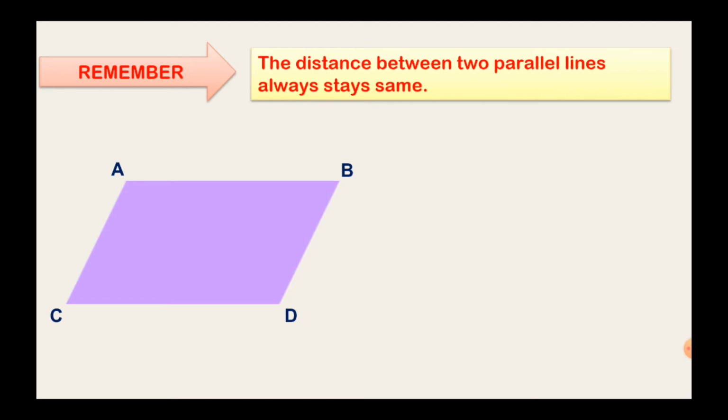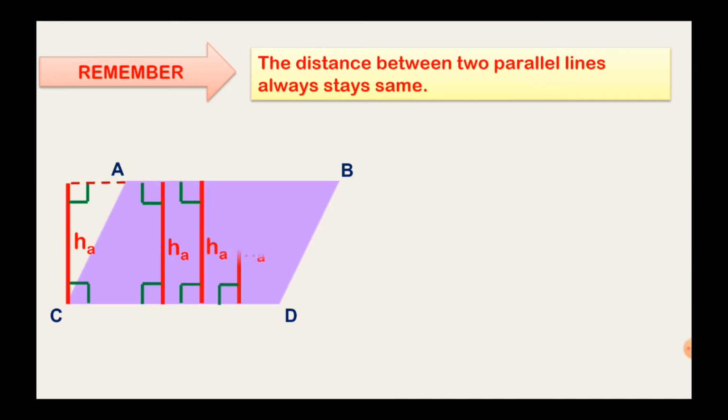So, all heights we can draw from AB to CD or vice versa should have equal length, because AB and CD are parallel and the distance between them always stays the same. So, all of these heights are equal.